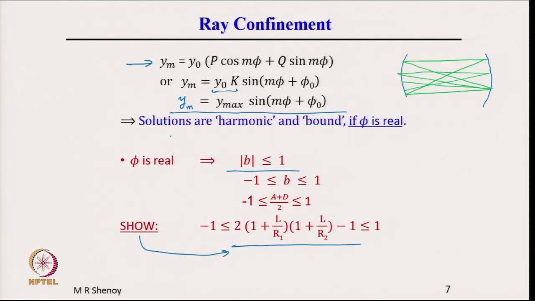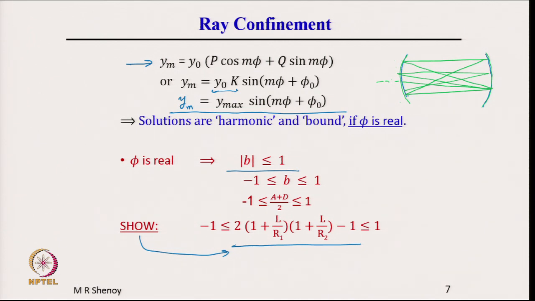Now, the solution here refers to the displacement y m. The displacement y after m round trips, or for any value of m, if it remains well bound to the mirror, that is well within the mirrors, that means y has to oscillate: it goes up and then it comes down, up, down. So, y is essentially oscillating and therefore, it is harmonic and it is bound because it is bound to the limits of the mirror.